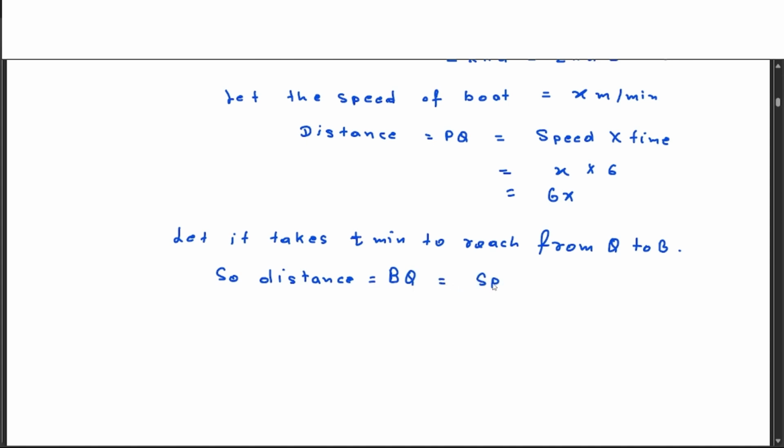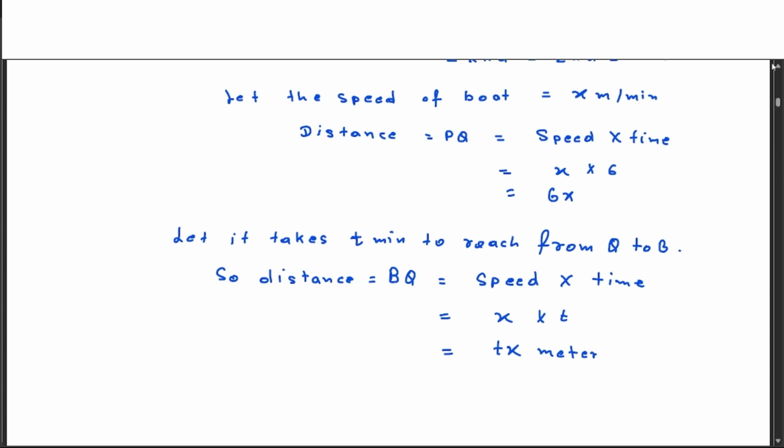Again, speed into time. The speed is x, and the time taken is t, so you will get tx meters. So you get both distances here.